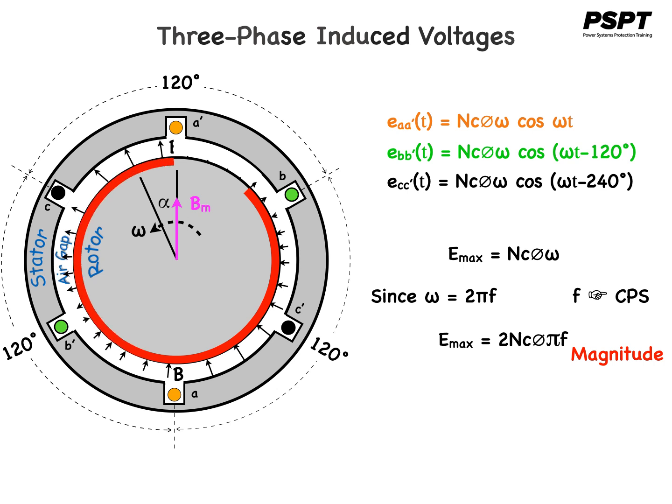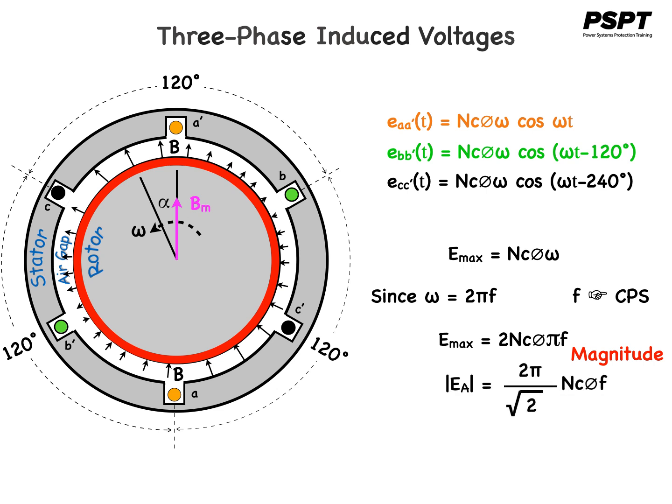If the magnetic field goes through one cycle in the air gap over the circumference of the rotor, f will also be the speed of the rotor in cycles per second. This is a characteristic of a two-pole rotor.